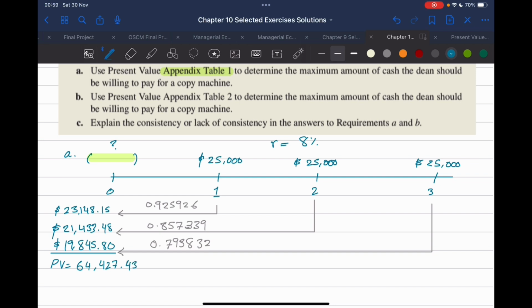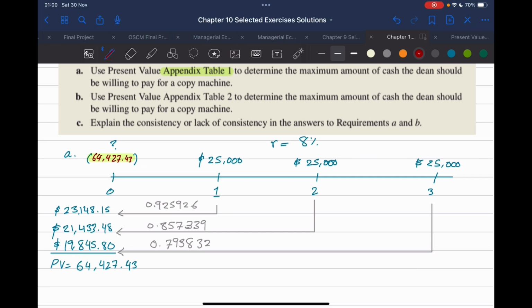Okay, which is the present value, or the cash outflow, 64,427.43. What does this number represent?